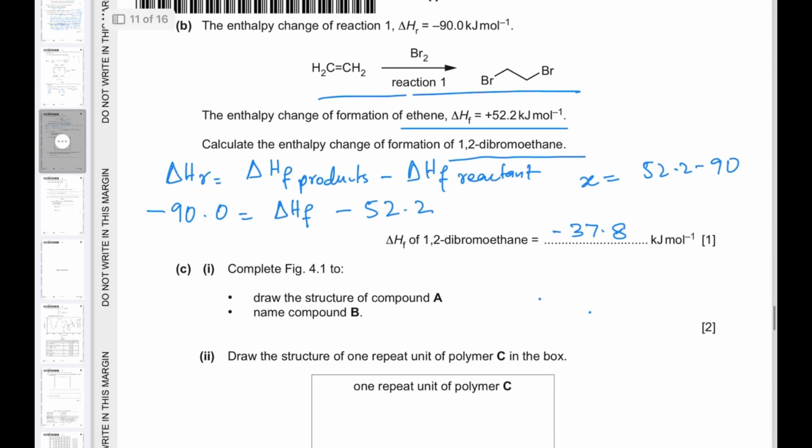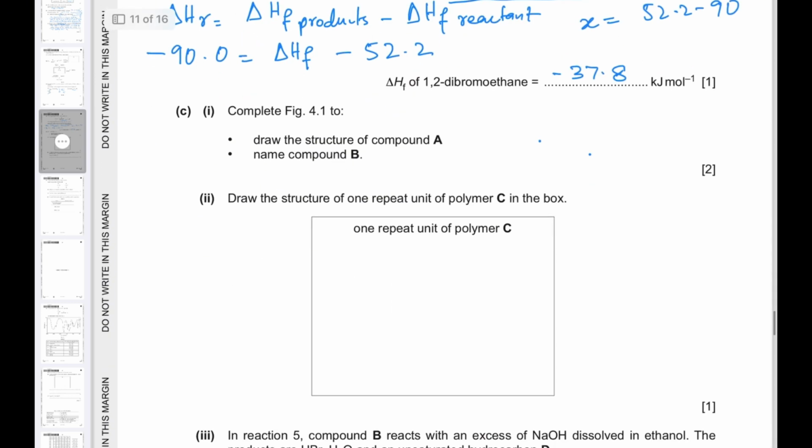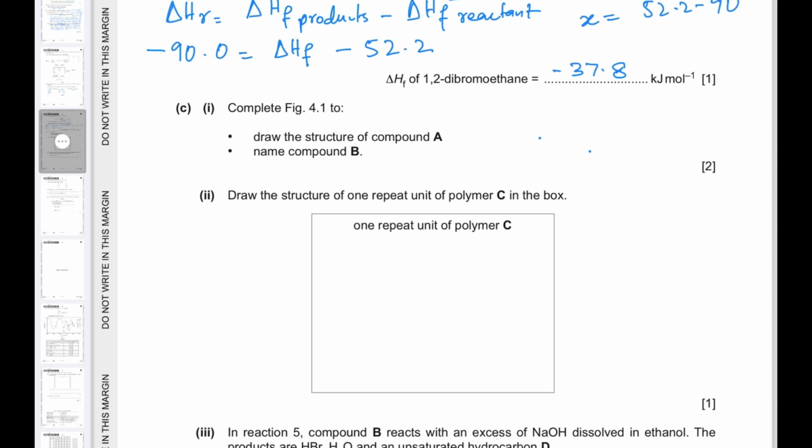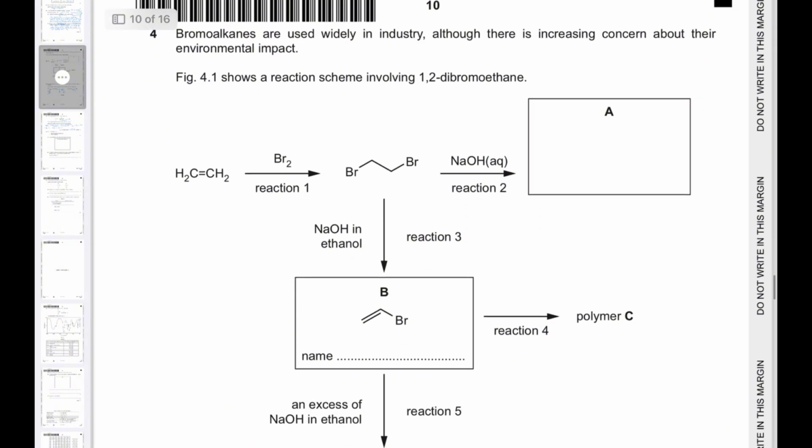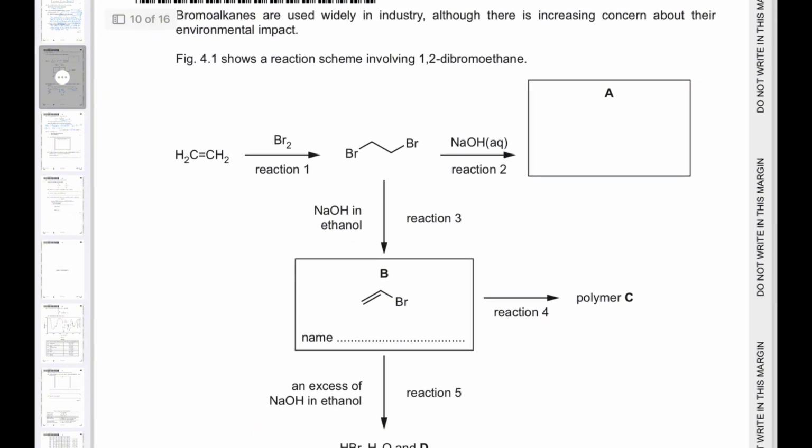See part 1, complete figure 4.1. 2, draw the structure of compound A and name the compound B. Compound A is the product resulting from the reaction between bromoethane and aqueous sodium hydroxide.